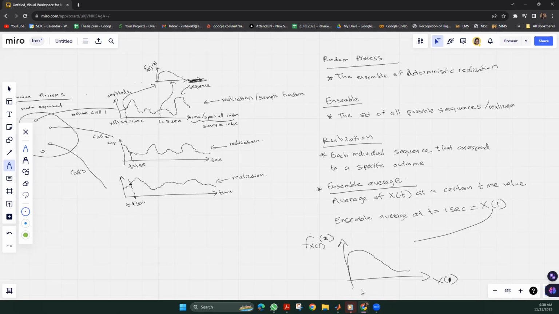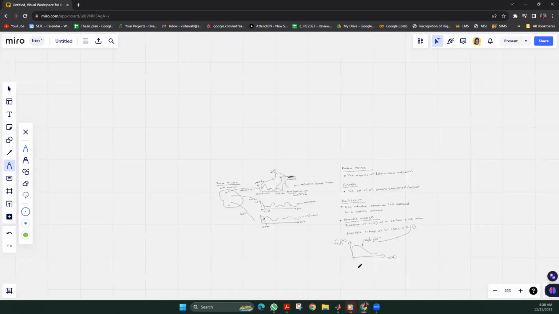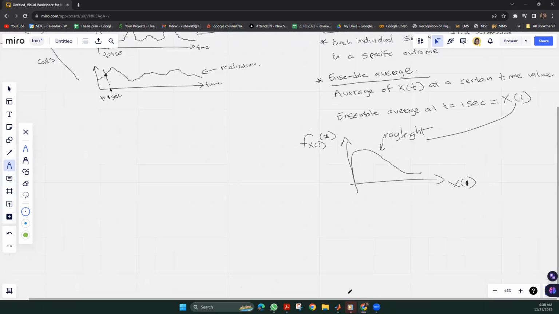The probability density function can be used to find the expectation value. The expectation of the ensemble we can define using an integration, where we take the variable and multiply it with its probability density function.